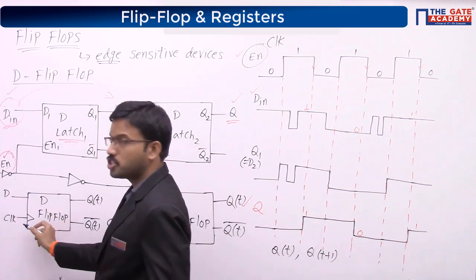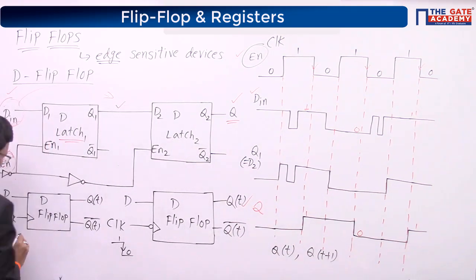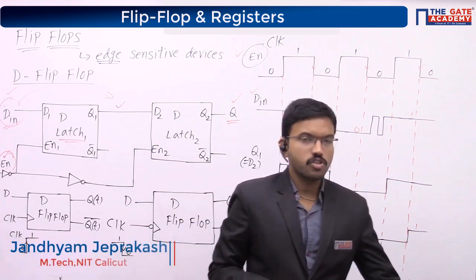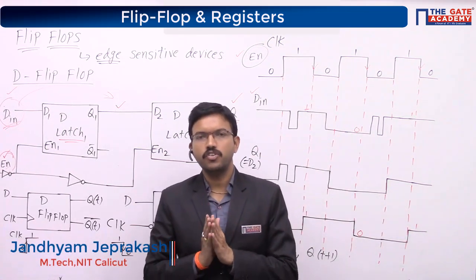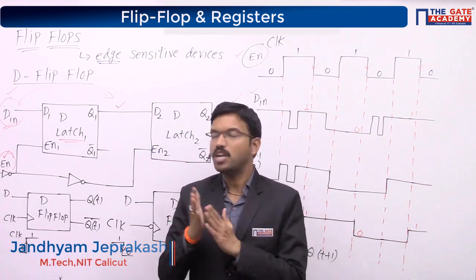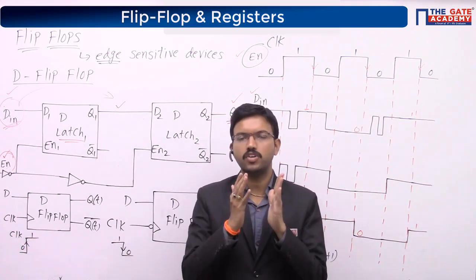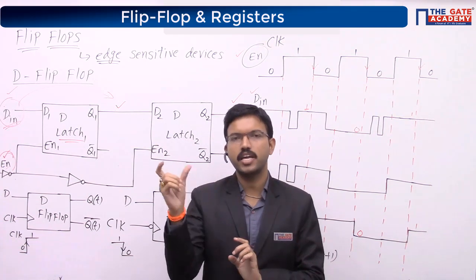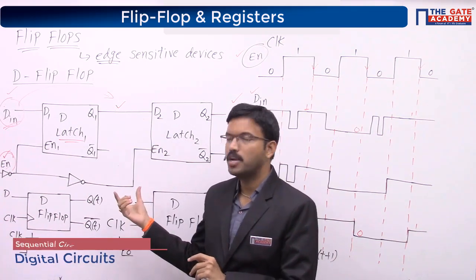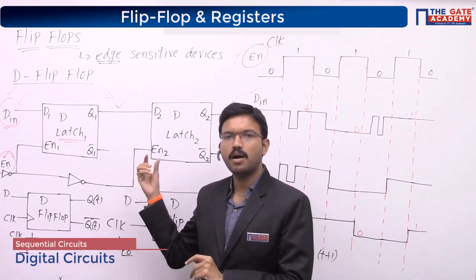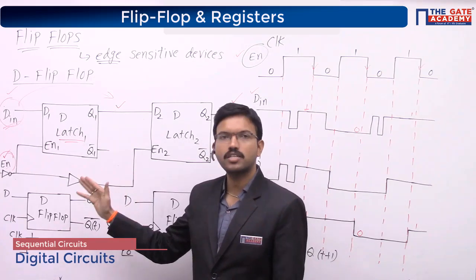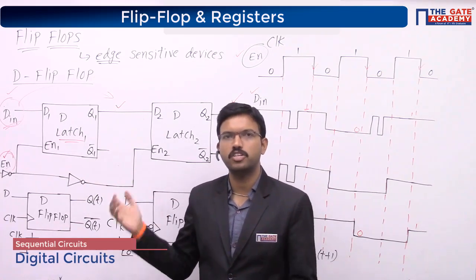So here it is positive edge. Positive edge means whenever the clock signal transitions from 0 to 1, the next state will be equal to the D input. Whatever characteristic equations we got for latches, the same thing is applicable for flip-flops. The only difference is that latches operate at the level, as long as enable is 1, whereas flip-flops give the output whenever the clock transitions from 0 to 1 or from 1 to 0.